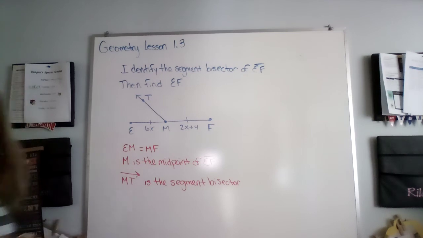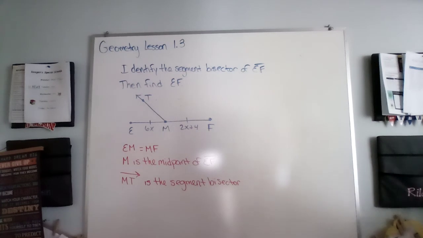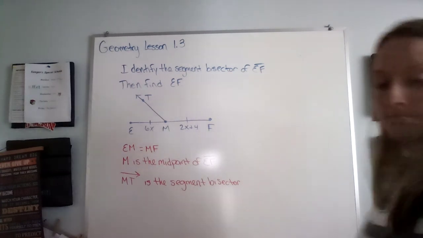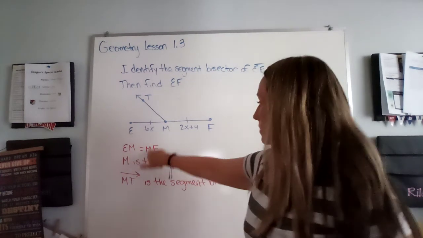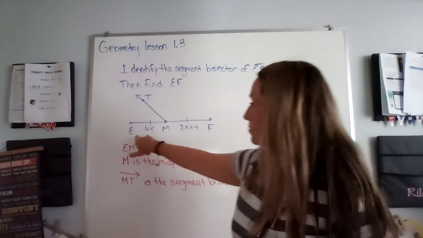Okay. Well, how are we going to find the length of EF? Actually, I already wrote something up there that's going to help us. Think about the first equation we wrote. EM is equal to MF. Think about a relationship you know.